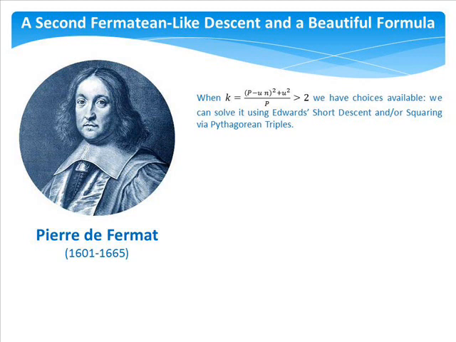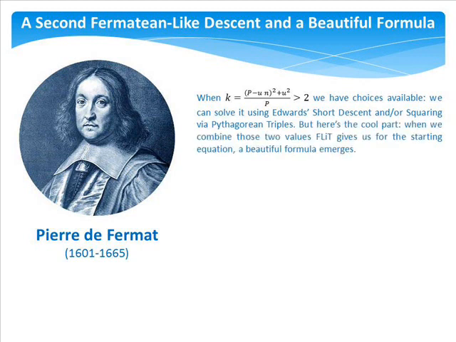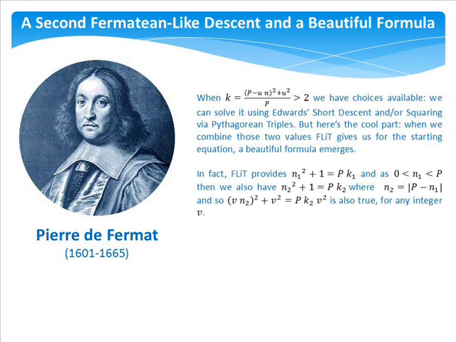But here's the cool part. When we combine those two values Fermat's little theorem gives us for the starting equation, a beautiful formula emerges. In fact, Fermat's little theorem provides the initial sum of two squares, n sub 1 squared plus 1, where n sub 1 is bigger than 0 and smaller than p.